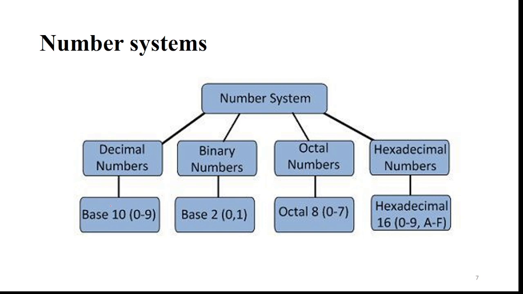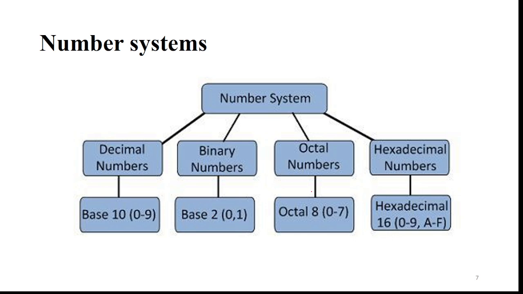So we have the decimal system. This is base 10. The range of the values is from 0 to 9. We can talk about the binary system. We have just two values, 0 and 1. This is base 2.